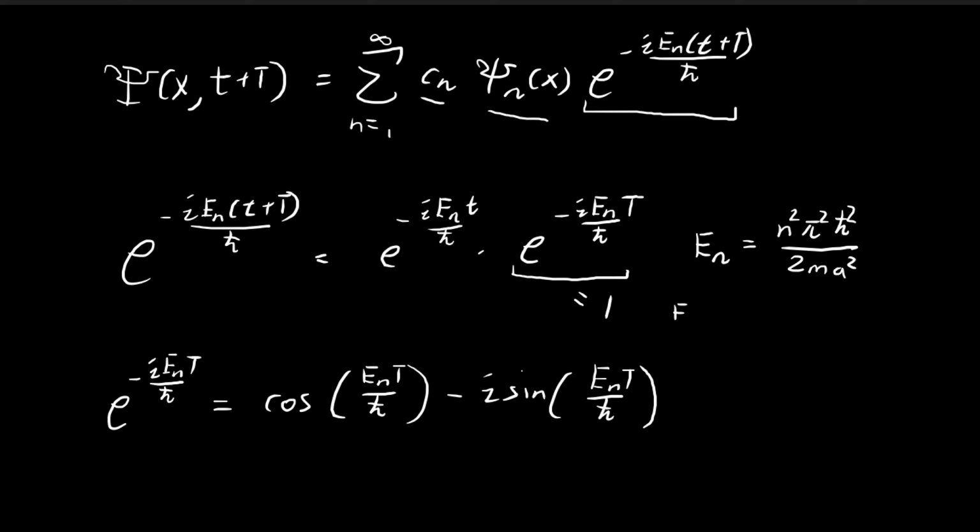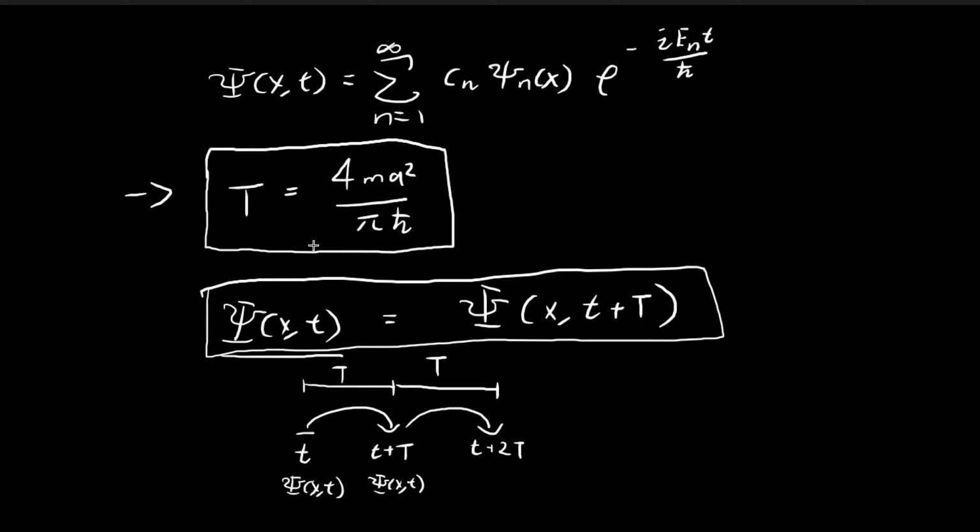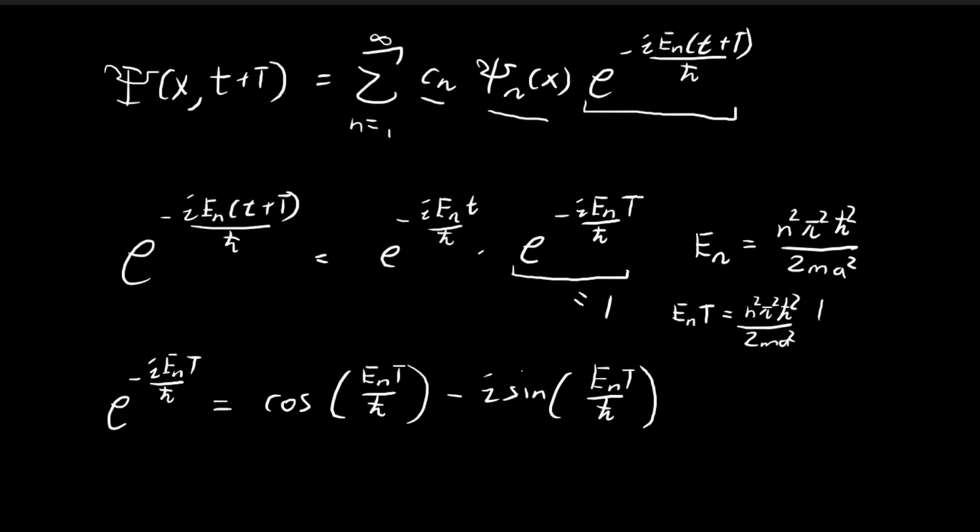And so that means En times the time interval T is going to be this expression, n squared π squared ħ squared divided by 2ma squared, multiplied by the expression for capital T over here, which you can see is equal to 4ma squared divided by πħ. And then if we cancel out some of the terms, you see that this cancels out. This gives you a 2.